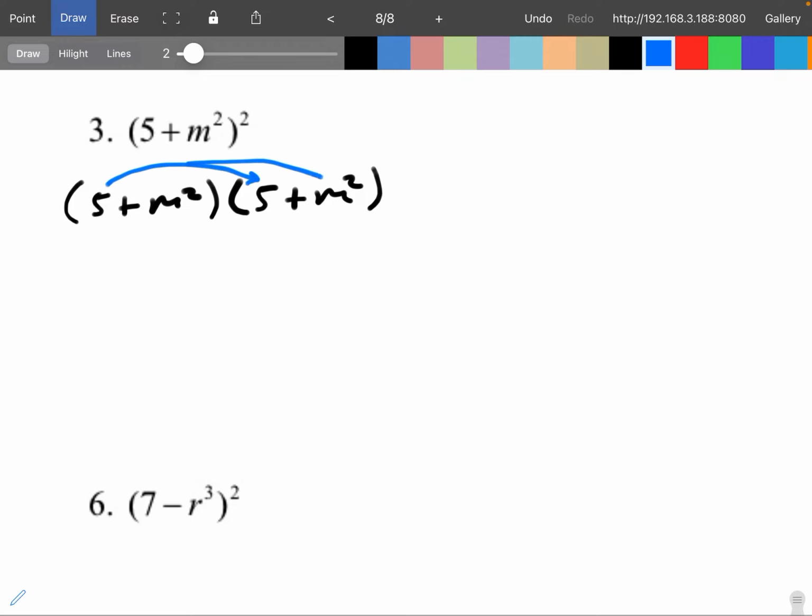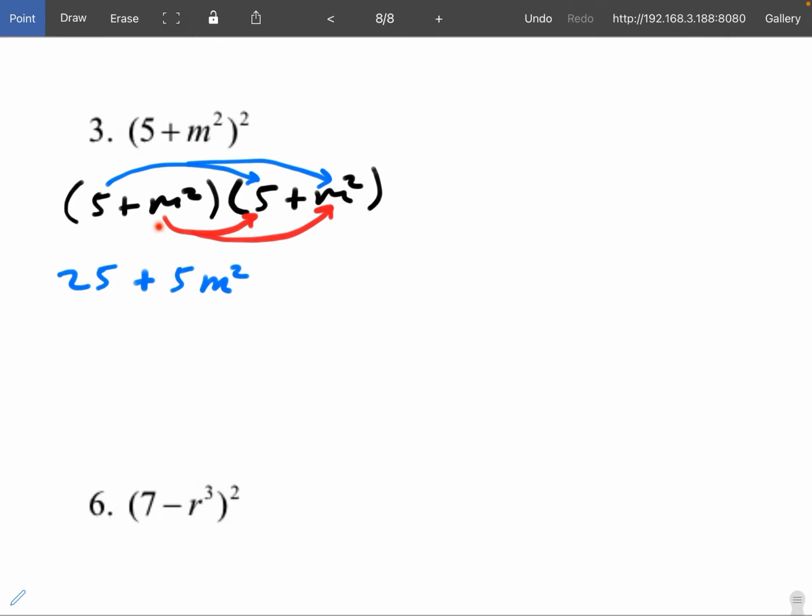All right, so same thing. We're going to distribute this 5. And then we're going to distribute this m squared. So just like on Wednesday, this is like doing the distributive property twice. So in the blue, I got 5 times 5. That's 25. And then I got 5 times m squared. Good. 5m squared.